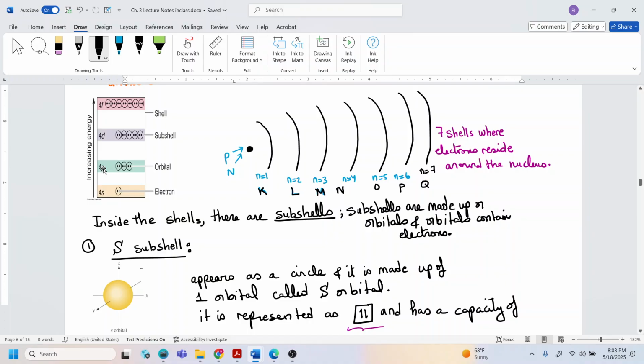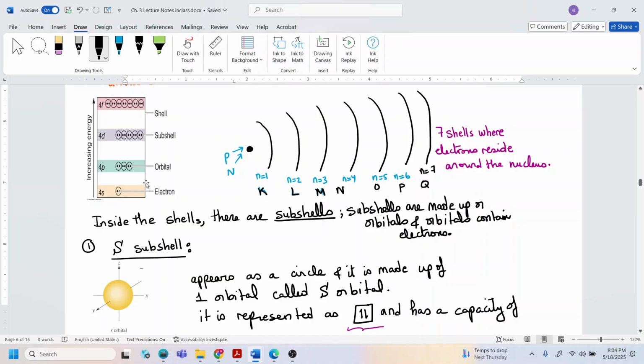The P subshell is made up of 3 orbitals, and it has a capacity of 6 electrons. The D subshell is made up of 5 orbitals, and it has a capacity of 10 electrons. And the F subshell is made up of 7 orbitals, and it has a capacity of 14 electrons.